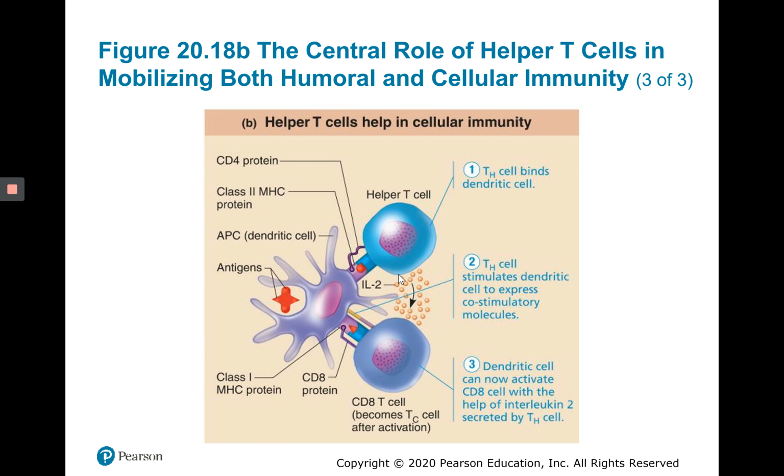And because the dendritic cell is bound also to the CD8 cell via both the CD8 protein and a co-stimulatory molecule, the interleukin-2 is going to be close enough when released to act on the CD8 cell. And the interleukin-2 will be able to help activate the CD8 cell. The binding of the dendritic cell and the CD8 cell is via an MHC class 1 protein, and that MHC class 1 protein is also displaying a foreign antigen.